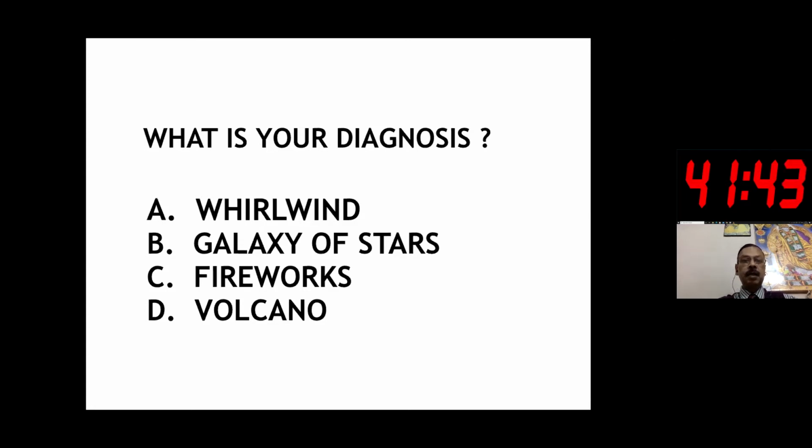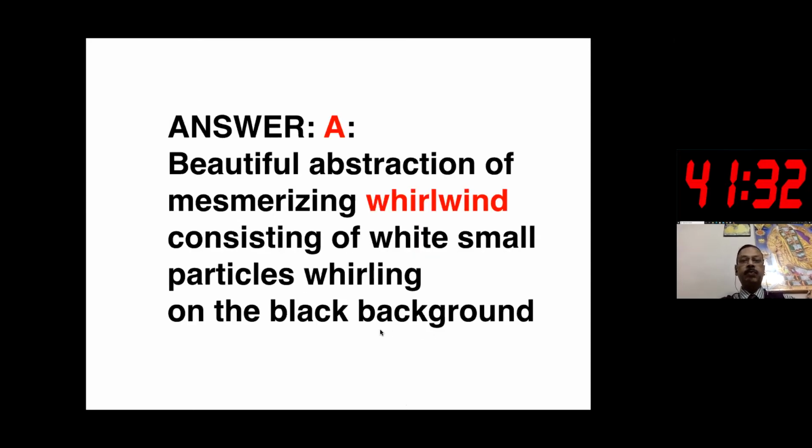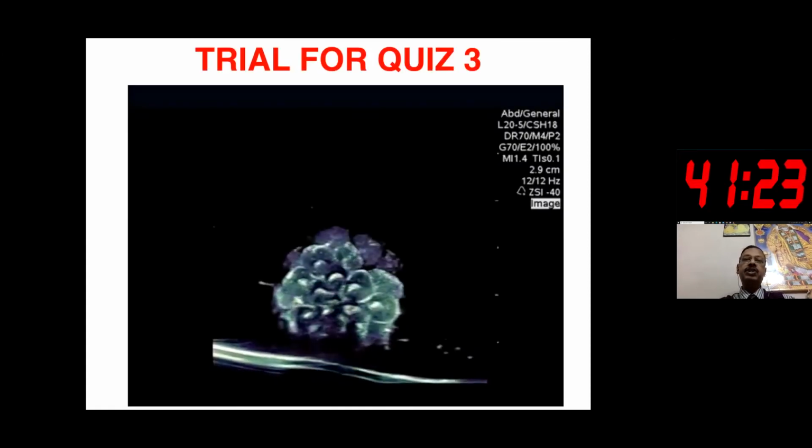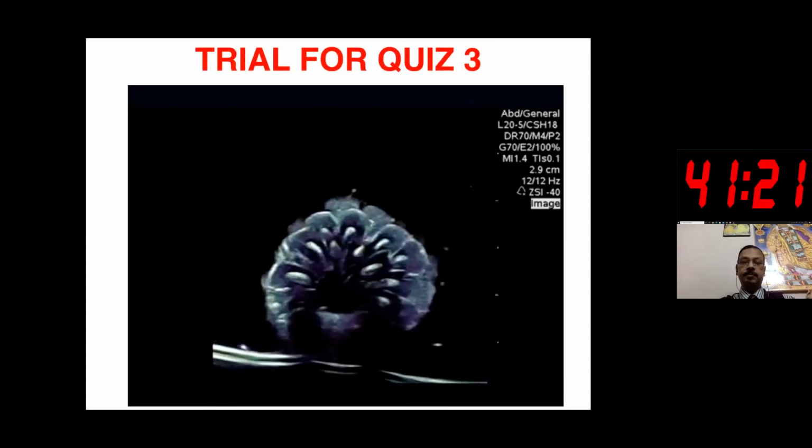Somebody has said, the majority has agreed that option A, a whirlwind, is the answer. Yes. Now you can see there is a beautiful abstraction of a mesmerizing whirlwind consisting of small white particles whirling on the background. Now this is quiz number 3, trial quiz 3.